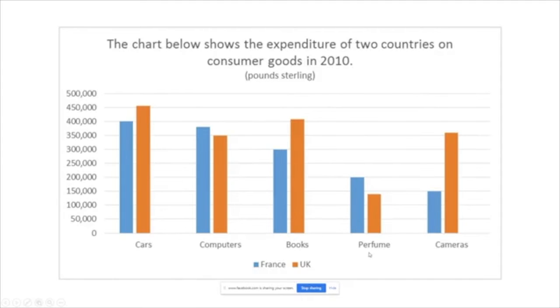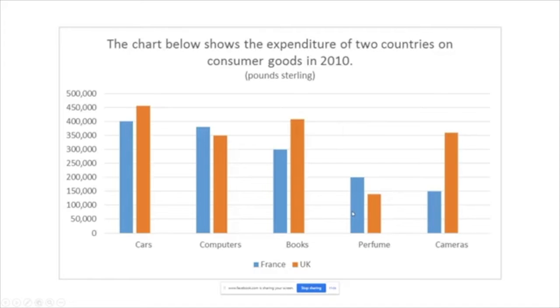What do you notice compared to the other things? You can drop a comment in the chat there. What do you see when it comes to perfume? See if anybody responds. Got a bit of a delay, of course, so I'm waiting to see if anyone can give me an answer.